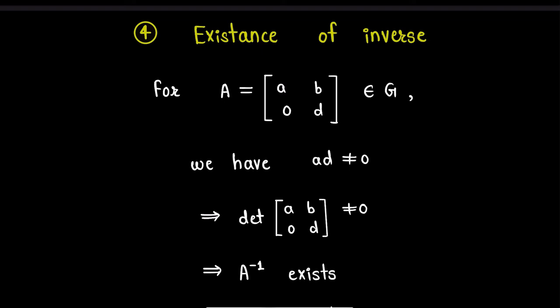Since the product of diagonal entries is not equal to 0, the determinant of matrix A is not equal to 0. Further, we know that a matrix is invertible if and only if its determinant is not equal to 0. Thus, for the given matrix A in set G, A inverse exists.